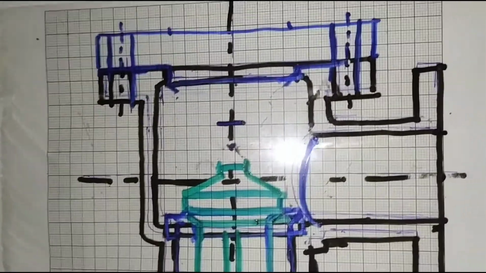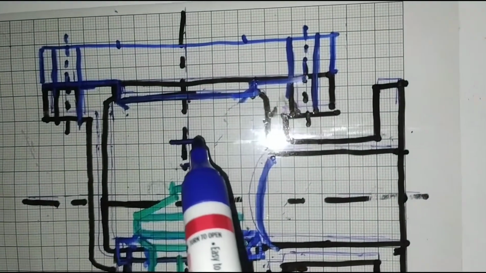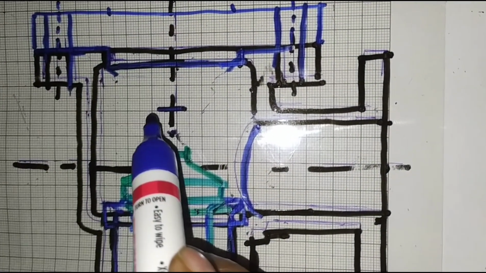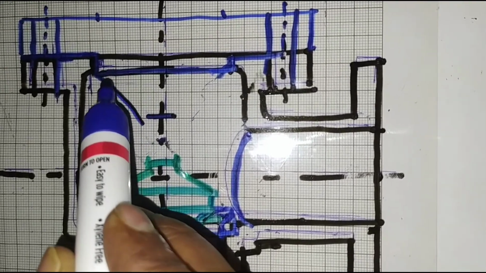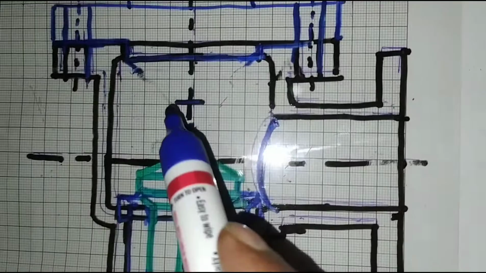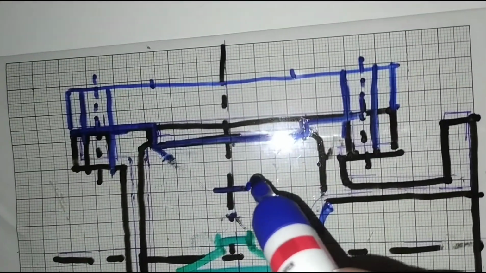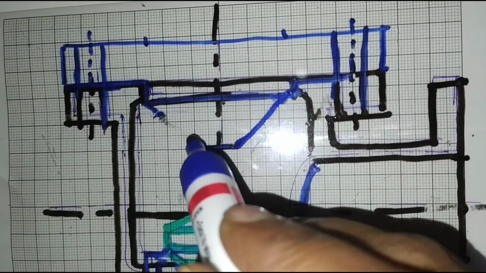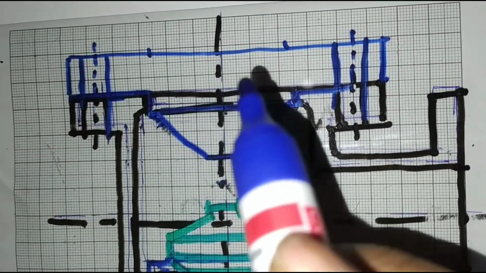What is the diameter? 30 mm. Same as this diameter, 30 mm, 15 mm on either side. Now look at this figure.